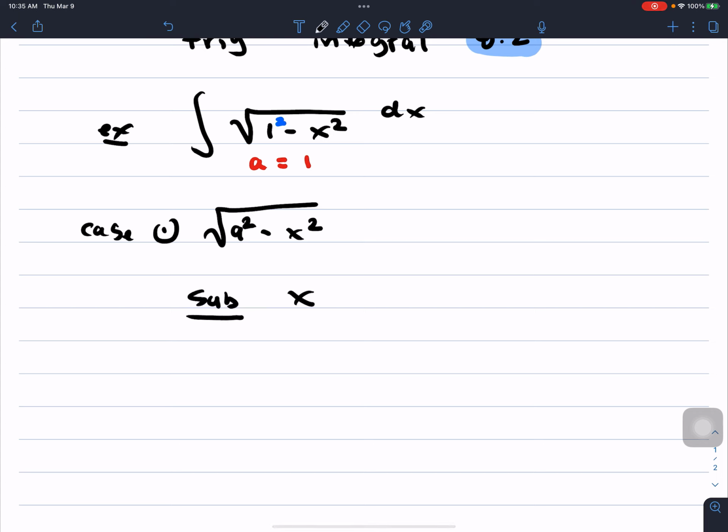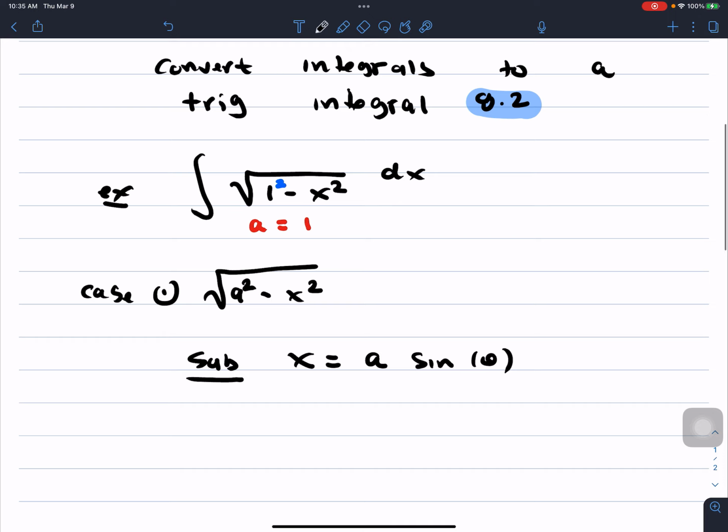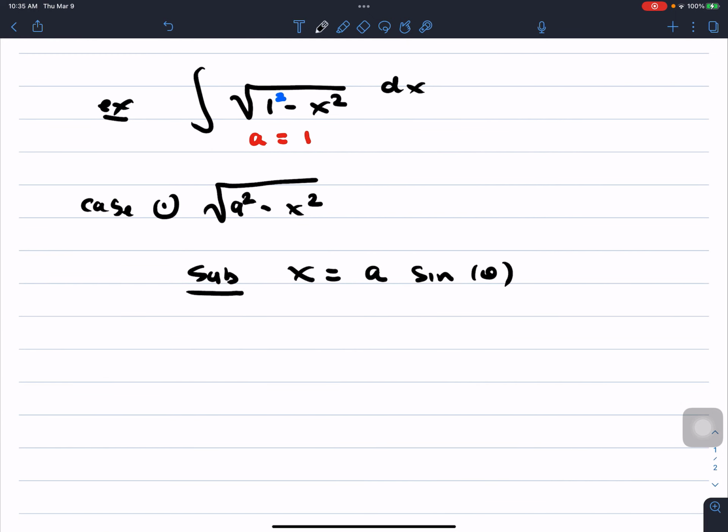You're going to let x equal a sine theta. So in our case, what does that mean about x? Since a is 1, do I have to use 1 sine theta? Well, yes, but 1 times anything is itself. Is that right?